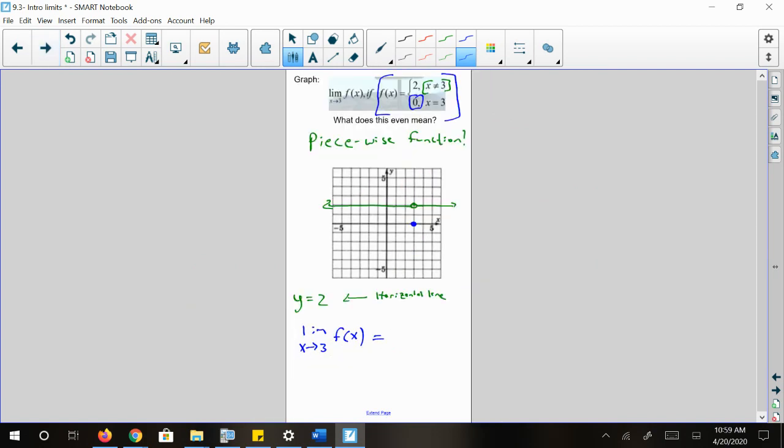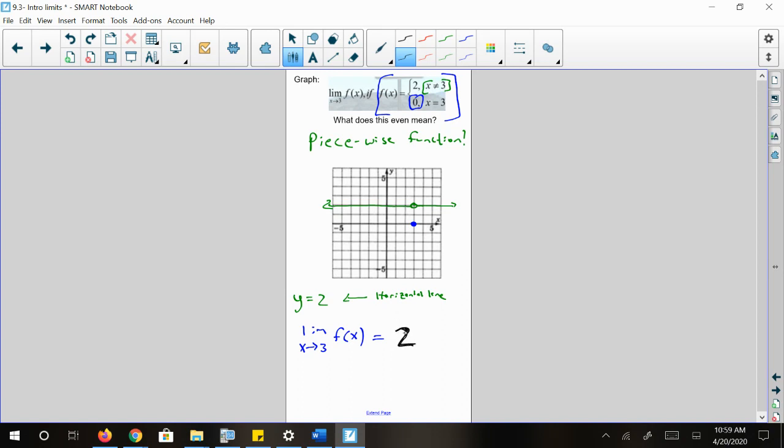Let's say, for example, that this whole part of the graph right here was blocked off. You couldn't see any of this, okay? But all you could see is what's happening as we get closer from the left and what's happening as we get closer from the right. Well, your prediction should be that as we approach from the left and we approach from the right, we are approaching a y value of 2, okay?